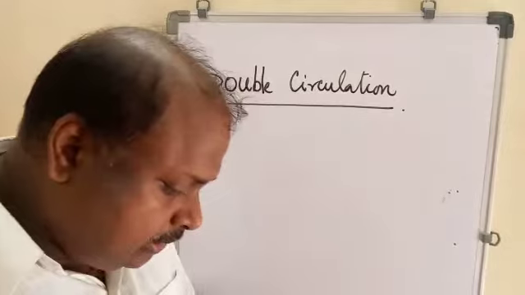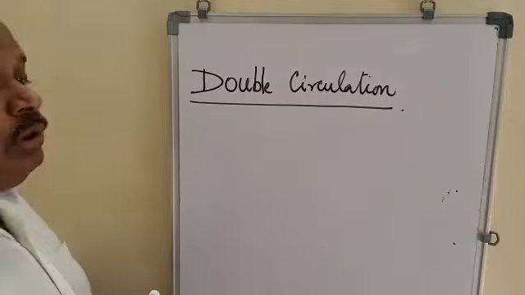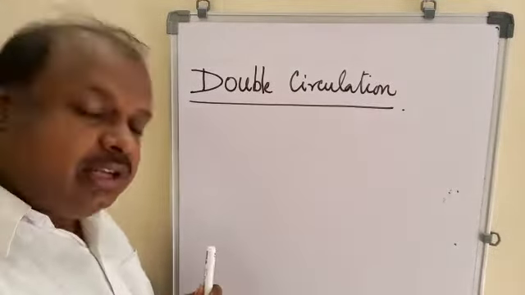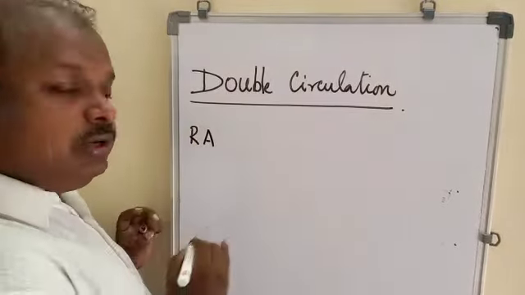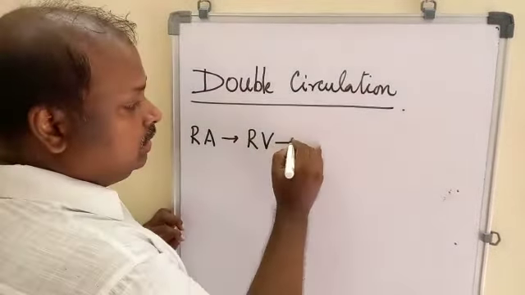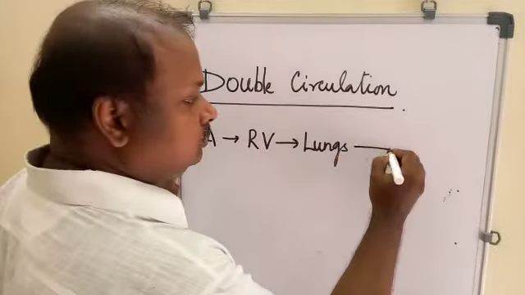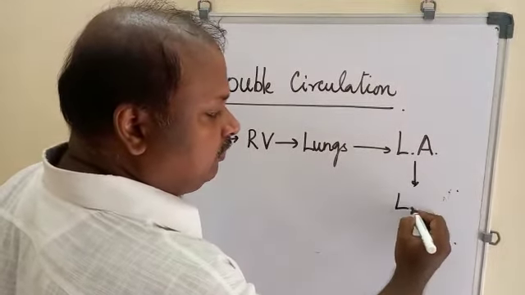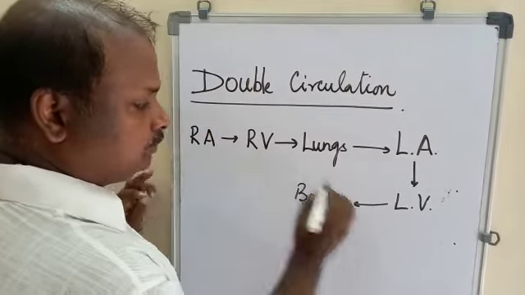When we are writing about the double circulation, before that we have to revise the logical sequence that we have done earlier: right auricle, right ventricle, then lungs, then left auricle, then left ventricle, and then body parts.